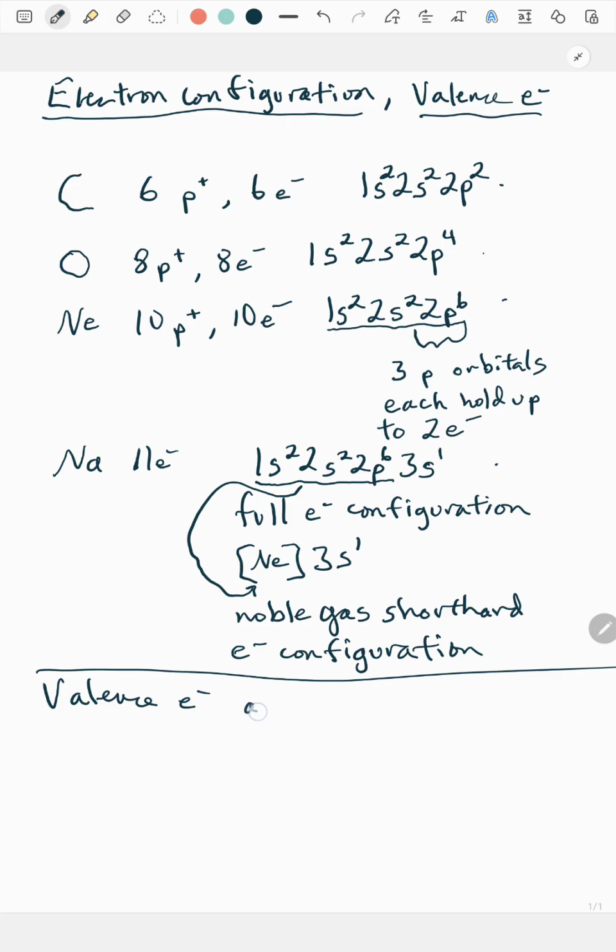Valence electrons are the electrons in the outermost shell. For the outermost shell, you look for the shell with the highest number.